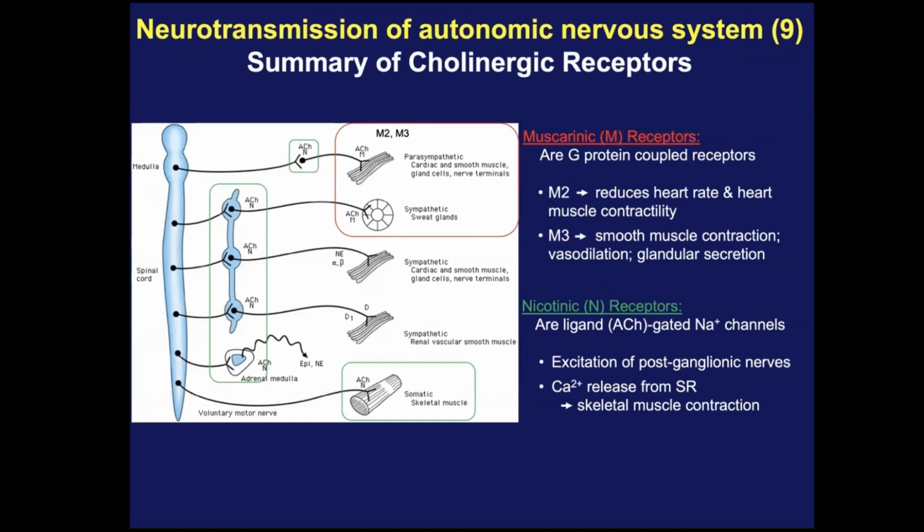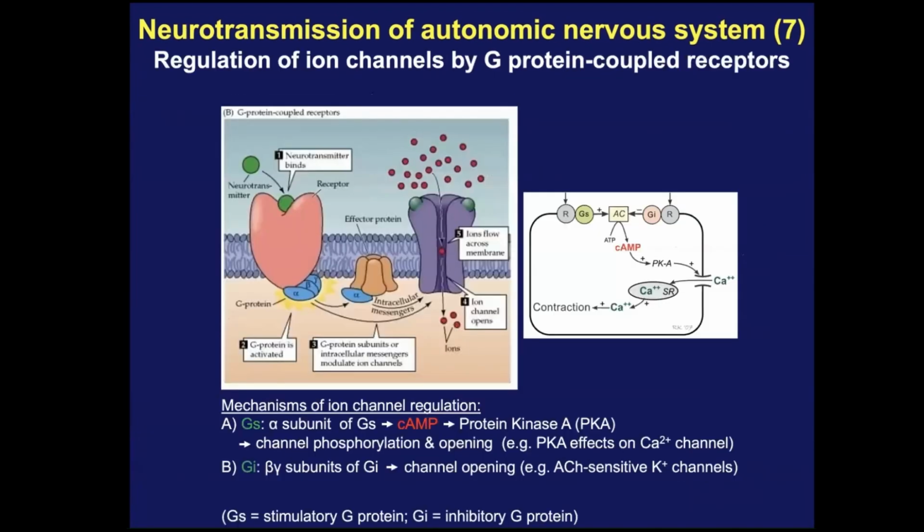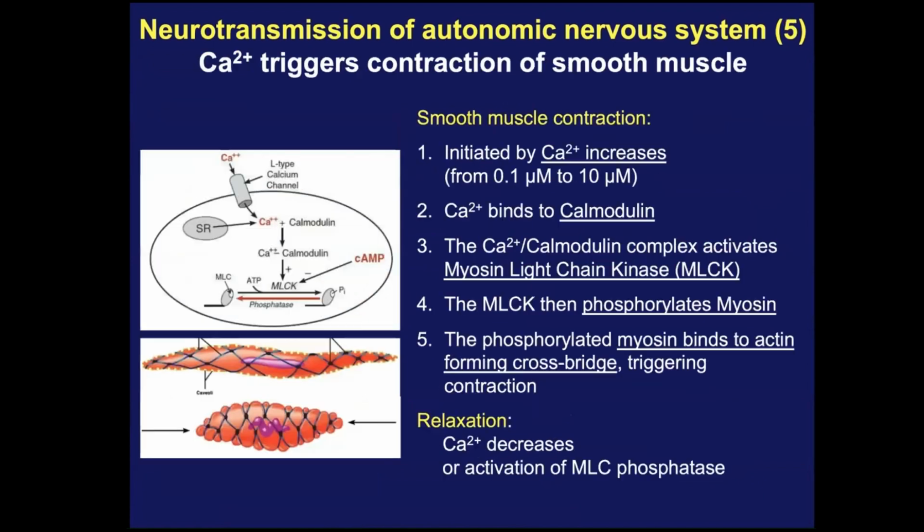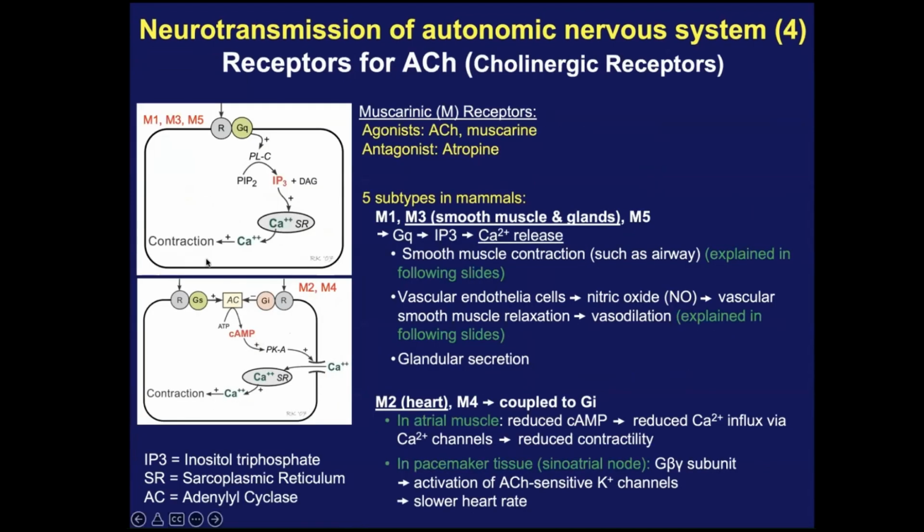It's because on the other slide, it opens potassium channels though, right? The GI? Yeah. Okay. Oh, yeah. So they are in different tissues. In the atrial muscle, this special channel is not expressed.